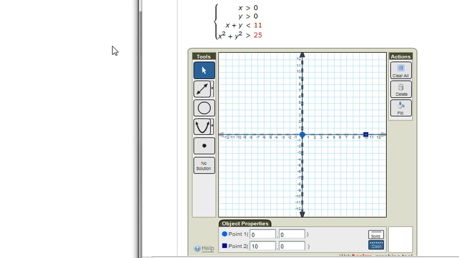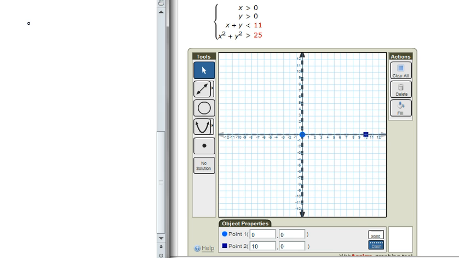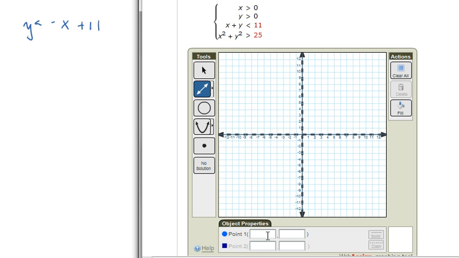And then we will have y is less than the opposite of x plus 11. So I'm going to choose the line tool again. Choose 0, 11 as the y-intercept. It has slope minus 1.